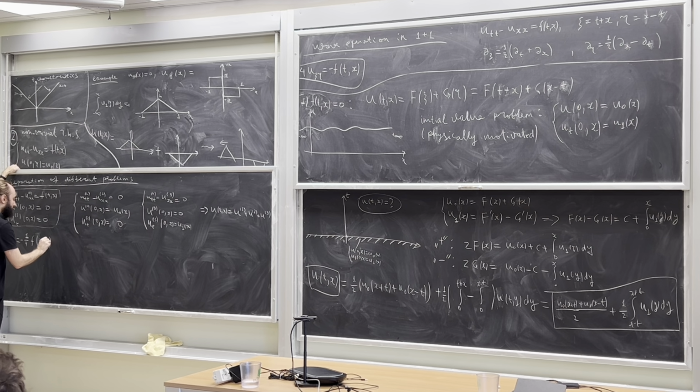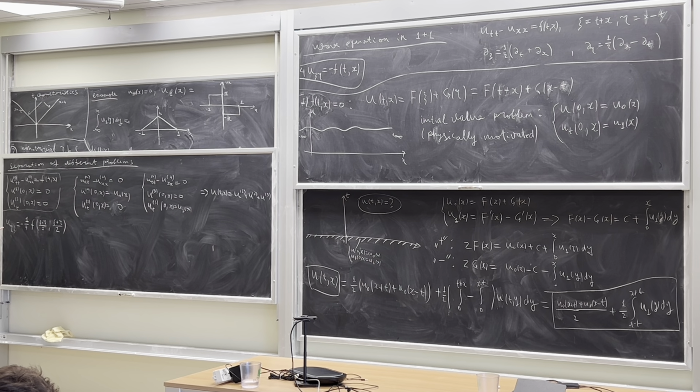So t is xi minus eta over 2. x is xi plus eta over 2. And when we see this, we can simply try to integrate it. So let us integrate it once.